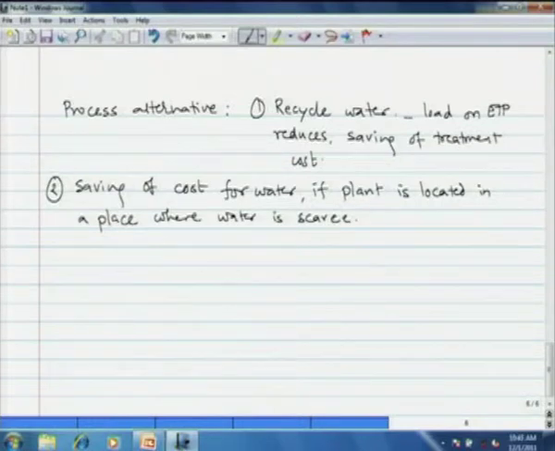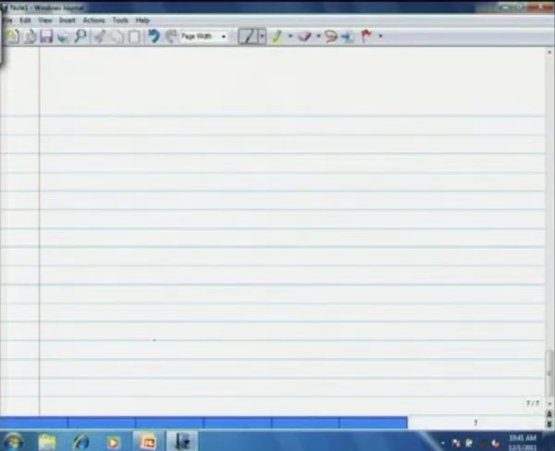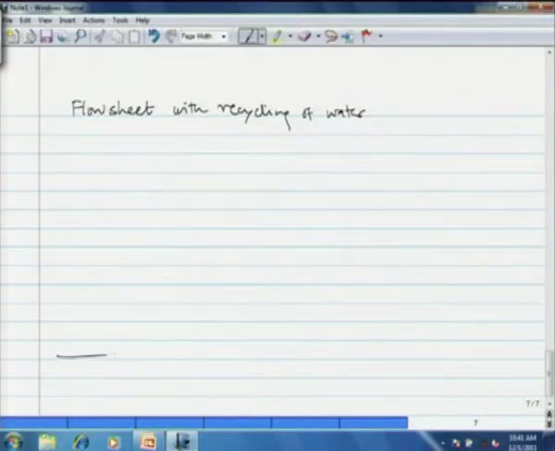Now, let us see how a flow sheet with recycling of water will look like. The first unit will remain the same, that is the absorber. Okay. Let us draw that flow sheet. Flow sheet with recycling of water. The first unit, which is the absorption column, remains the same.